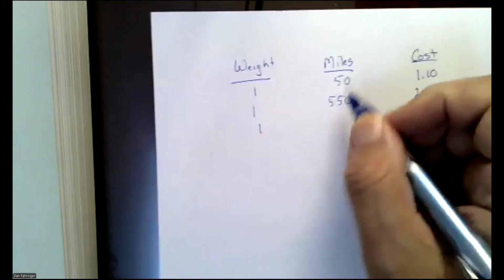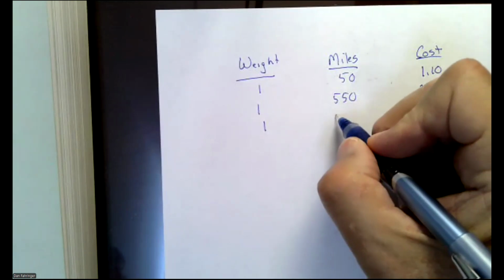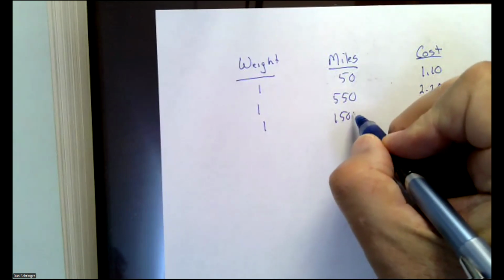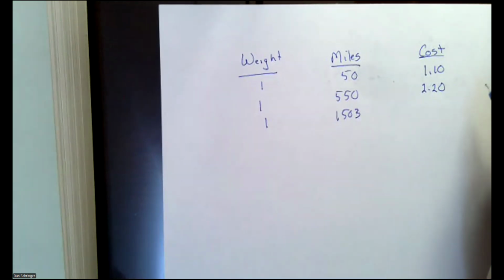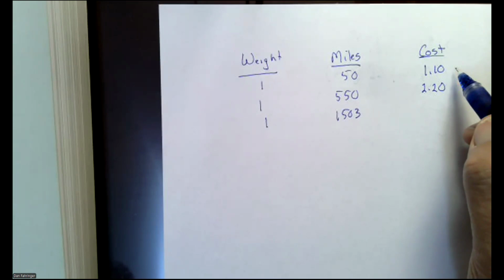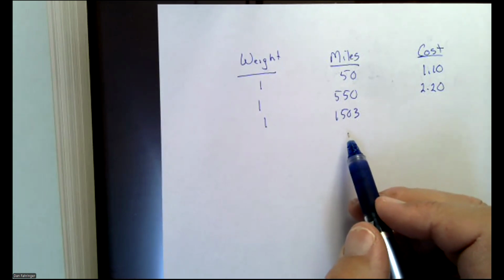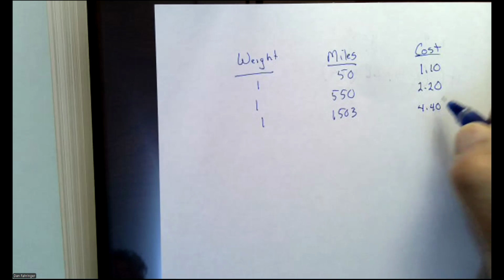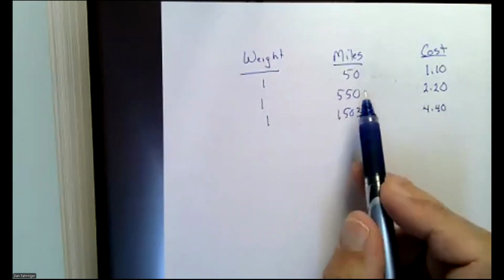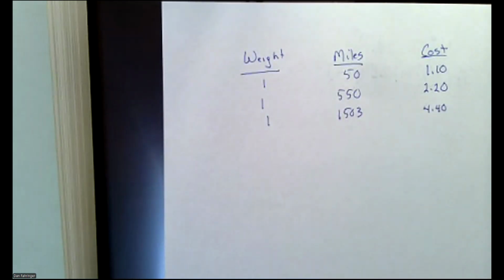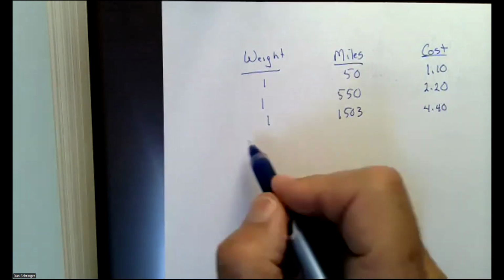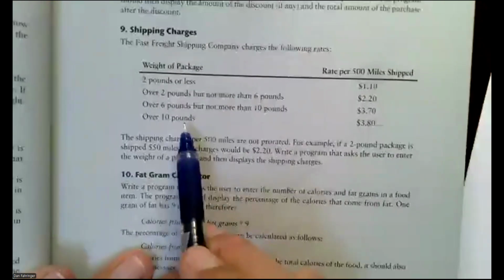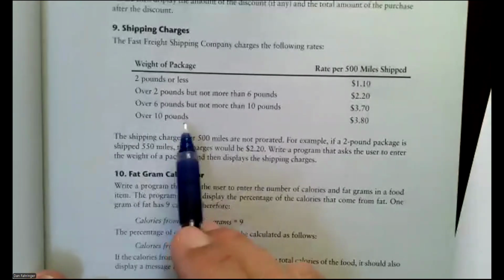If my weight was one and my miles was 1,503, it'd be 3.30, not three, actually 4.40. Yep. So I have something going on there that I have to figure out. After that, I start to check if it's over 10 pounds.